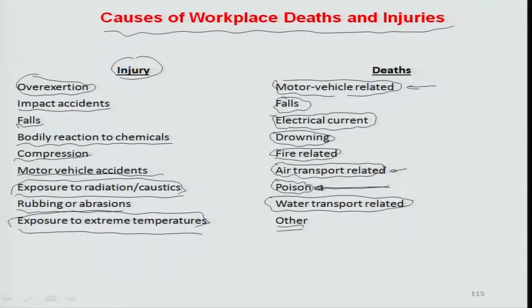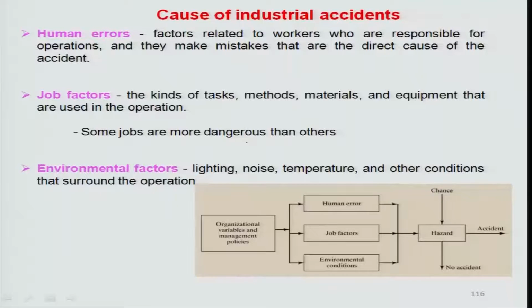Okay, so these are some causes that one can think of to classify events which might be leading to fatal injuries, leading to death, or just injuries which could be treated. So if we look at the causes of industrial accidents, there are typically three different classifications of why accidents happen.